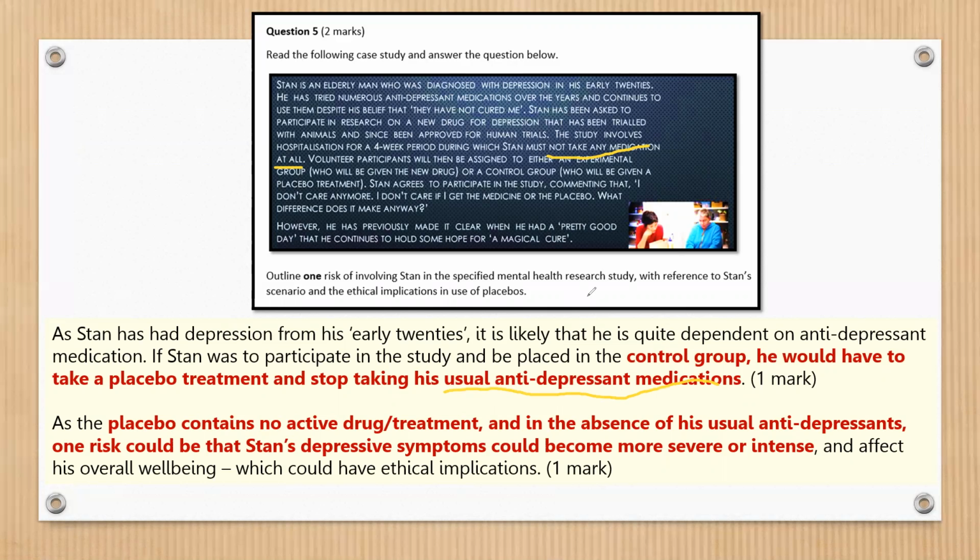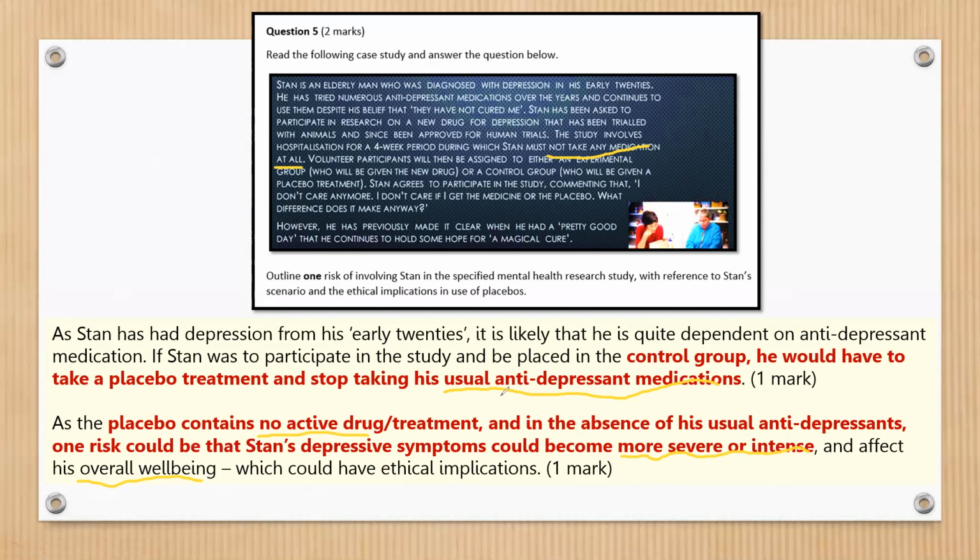And that's 1 mark. Now, the other 1 mark comes from you talking about the fact that the placebo Stan is being asked to take contains no active drug or antidepressant substance. One risk or one ethical implication could be that Stan's depressive symptoms actually become more severe or intense in the absence of that antidepressant that he would normally take. And because his depressive symptoms are becoming worse and more severe, his overall well-being and welfare is actually being affected as a result of that.